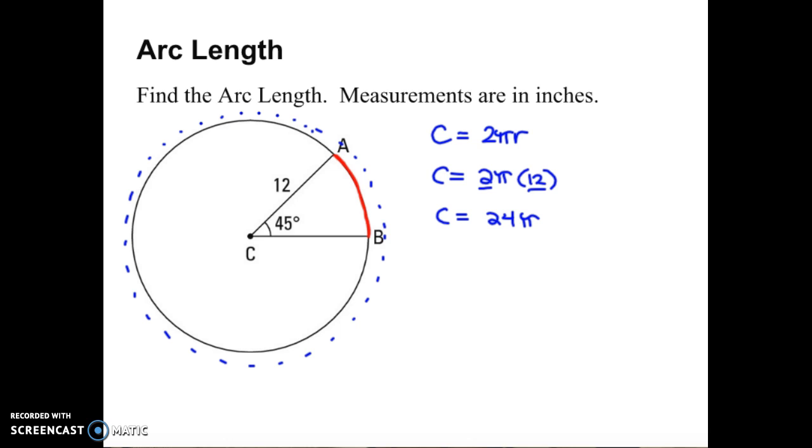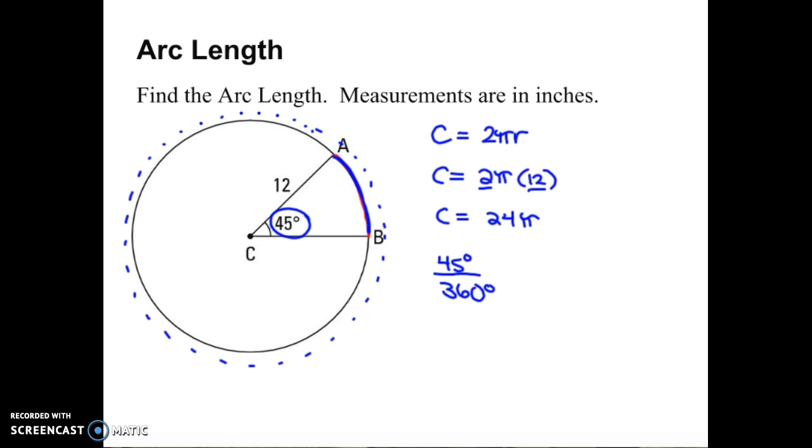So I only want this fraction, though, that's right here. And so we know the central angle is going to help make that fraction. So this central angle is 45 degrees, so see if this makes sense. So 45 degrees out of 360, that's the whole distance around the circle.